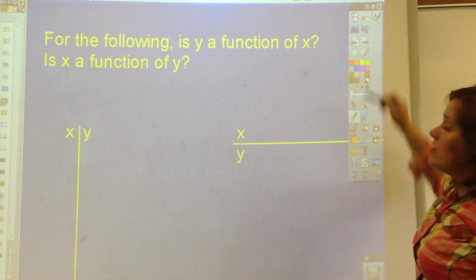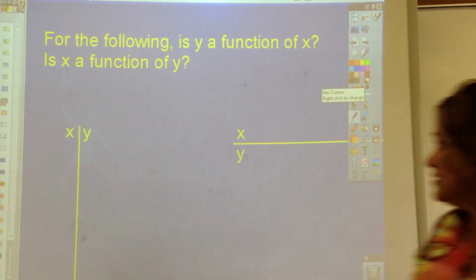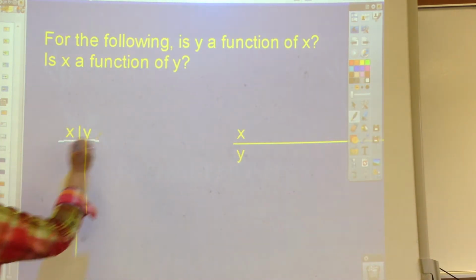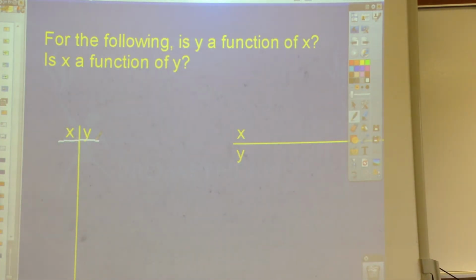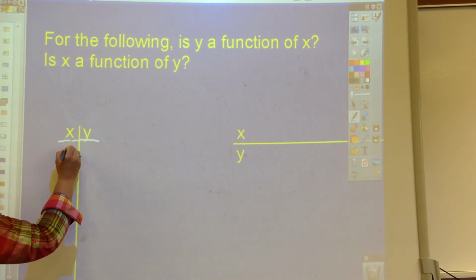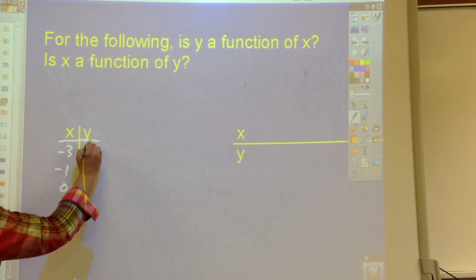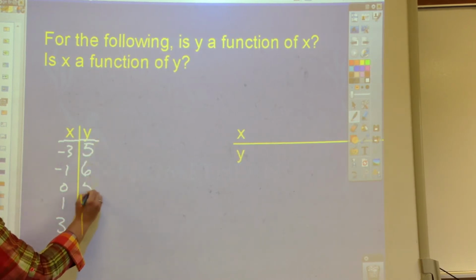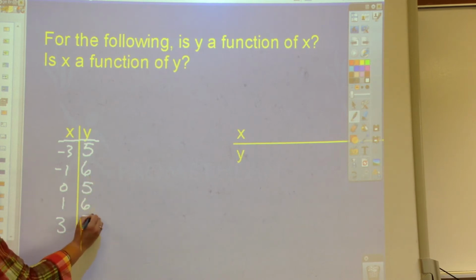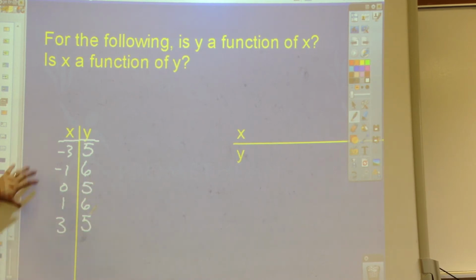Next, let's look at whether or not two things are functions. Right now, we're just going to look at data sets. Tomorrow in class, we're going to explore the vertical line test a little bit further, but for now, I would like us to just look at a data set of points. We could graph these points, right? These values would be along the x-axis, and these values would be along the y-axis.